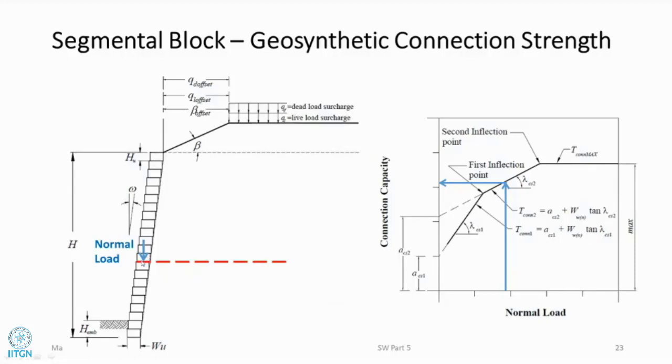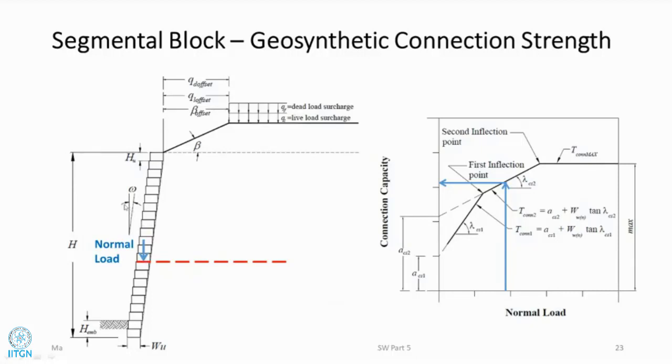So if the block height above this is say 5 meters, we can take 5 times the average unit weight of the block. And if it is a hollow block, it will be partly concrete and partly aggregate, so the average unit weight we have to calculate. Depending on that, we can calculate the normal load.